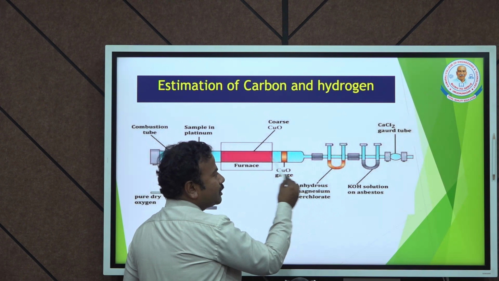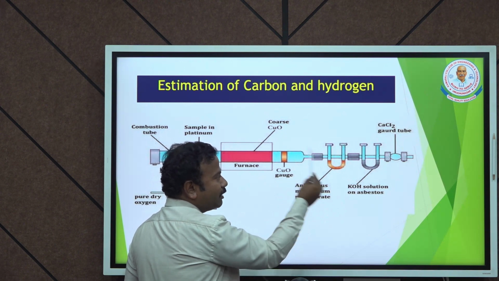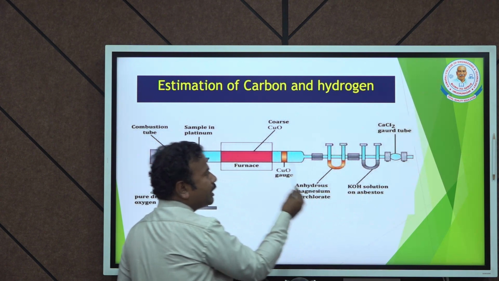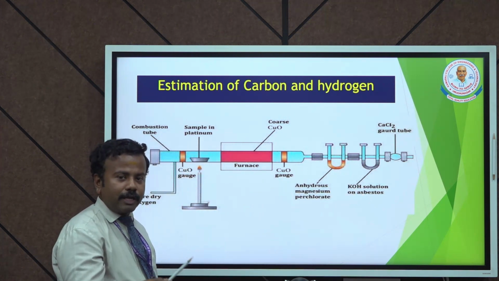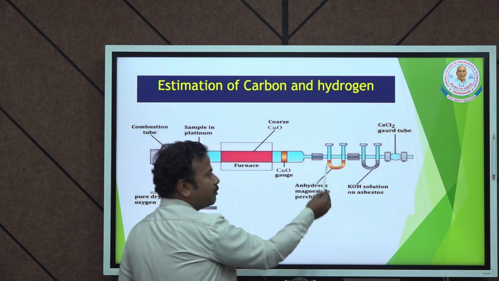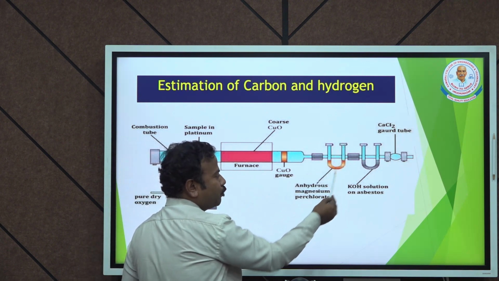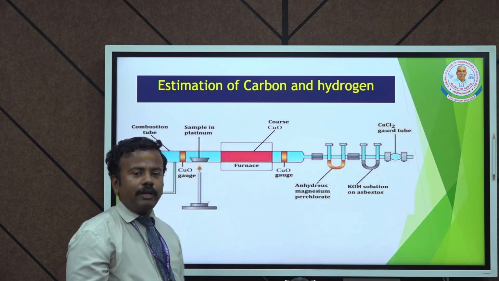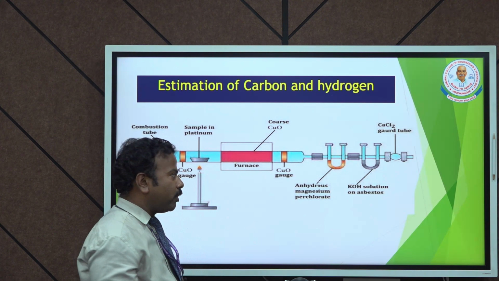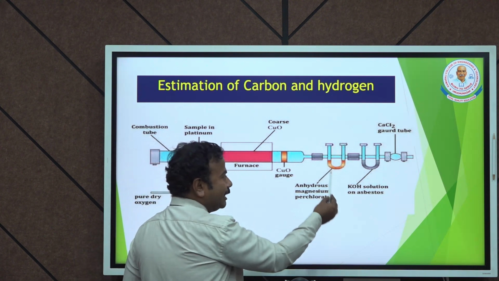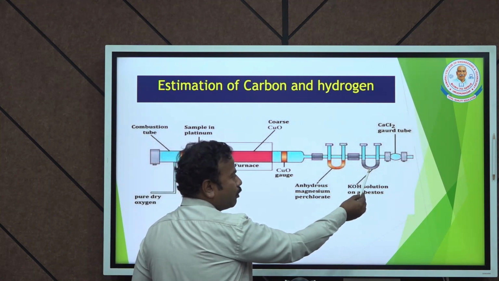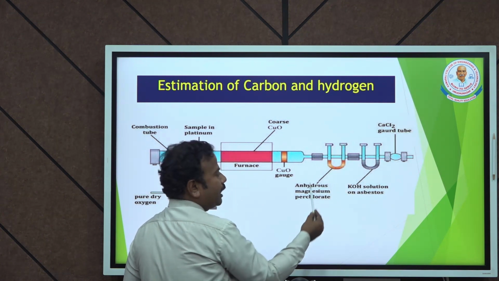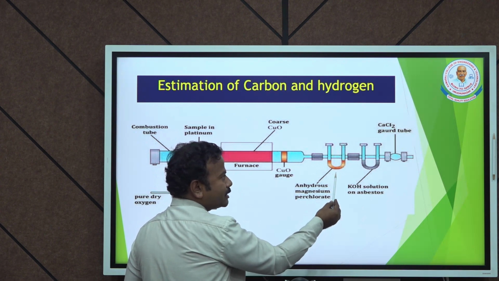All the carbon converted into carbon dioxide is absorbed by the KOH tube, and all the hydrogen converted into H2O vapors is absorbed by the anhydrous calcium chloride tube. Here anhydrous magnesium perchlorate is also given, so we can take anhydrous calcium chloride as well. The increase in weight of the KOH tube is taken as X, and the increase in weight of the anhydrous calcium chloride tube is taken as Y.